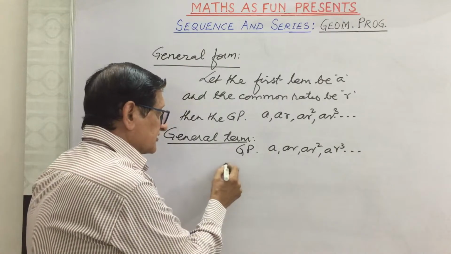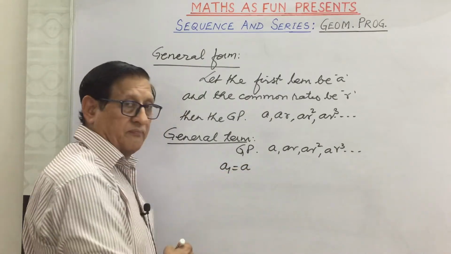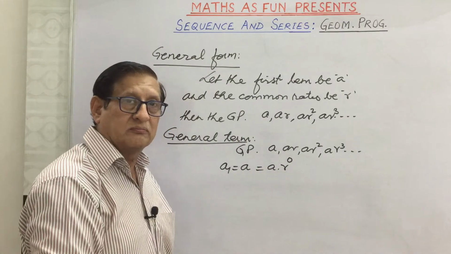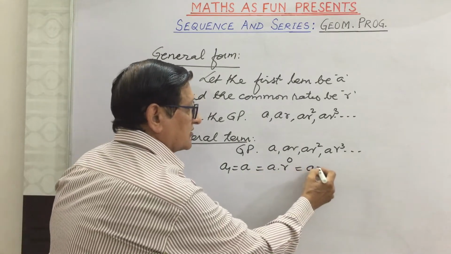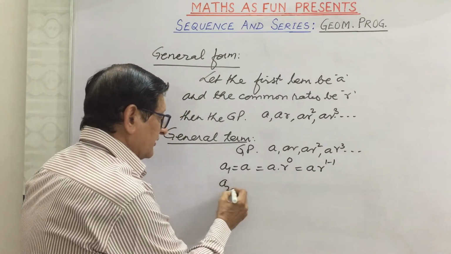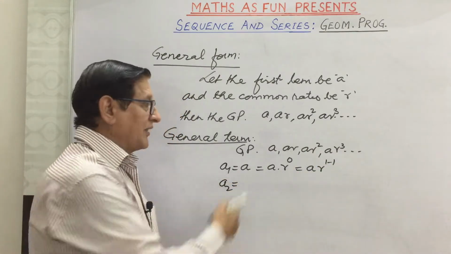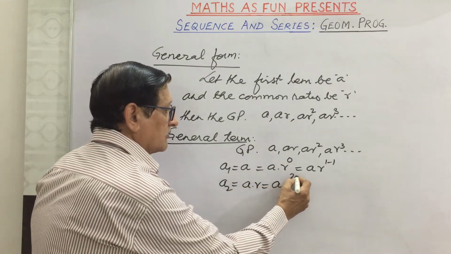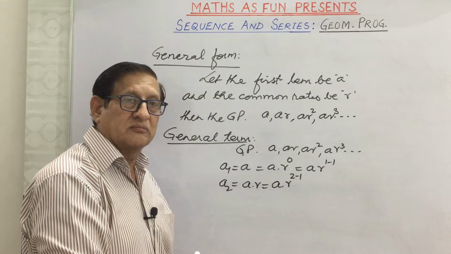We write here the first term A1 is A. Can we write this as A into R to the power 0? Or we can also write this as A into R to the power 1 minus 1. The second term, that is here A into R, can we write this as A into R to the power 2 minus 1?